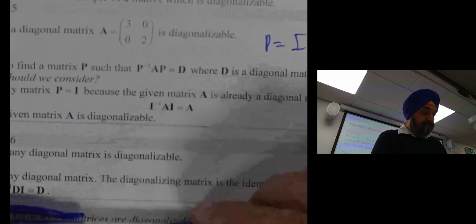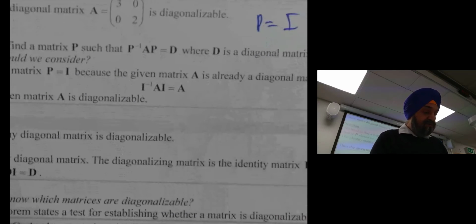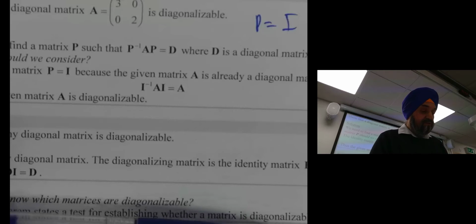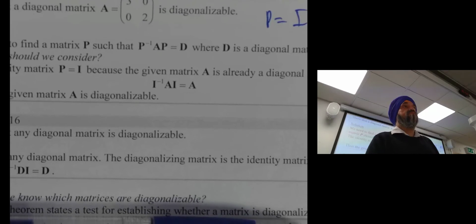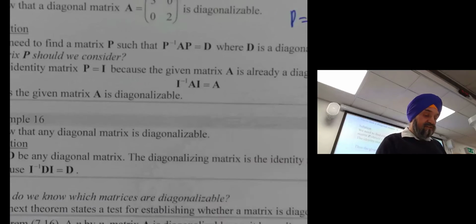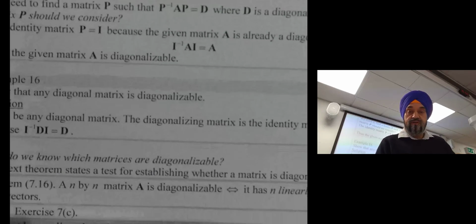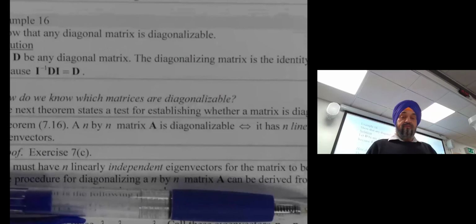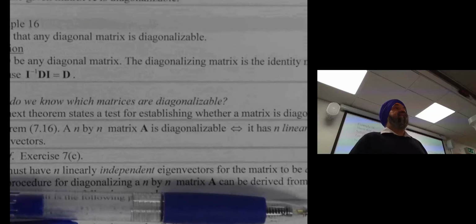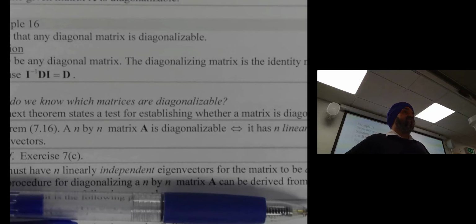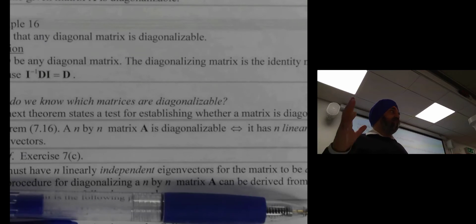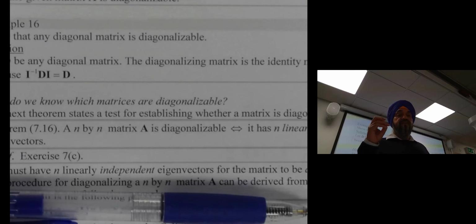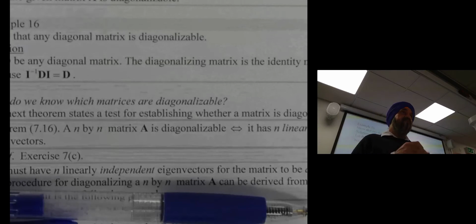But just before we finish, how do we know which matrices we can diagonalize? One of the conditions is that if you've got an n by n matrix, it's got to have n linearly independent eigenvectors. If you have, you can diagonalize the matrix.